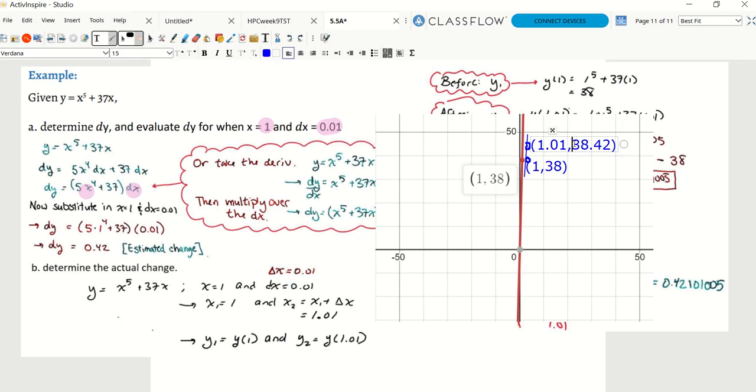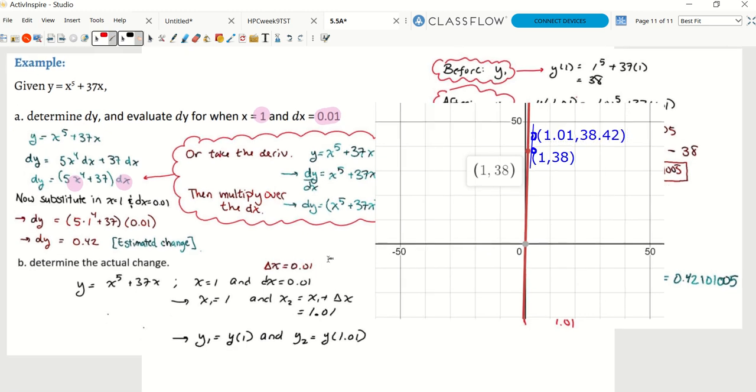So this 38.42 is a decent estimation of what the y value is on the red graph if you go 0.01 to the right of this 1, because the blue line is a decent estimation of the red graph. So again, this 38.42 is on the blue line, which is a decent estimation of the red graph.